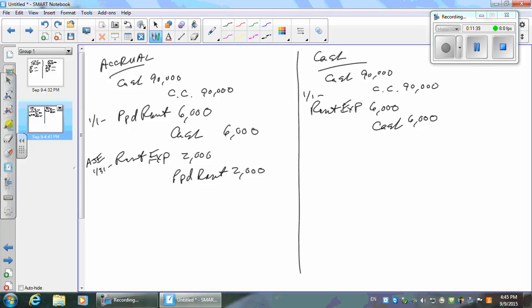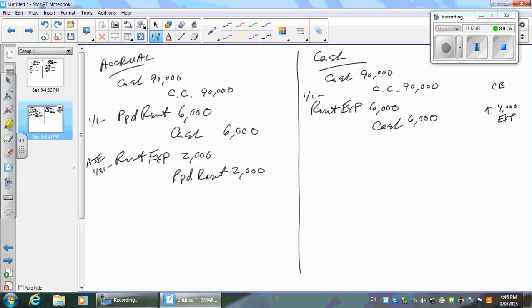Rent expense of 2,000. What's going to be on our income statement under cash basis? 6,000. It's a 4,000 difference, right? Everybody agree? So cash basis has 4,000 more expense. You guys with me? It's going to make a difference in their income, isn't it?